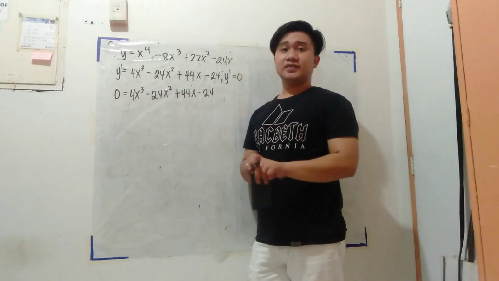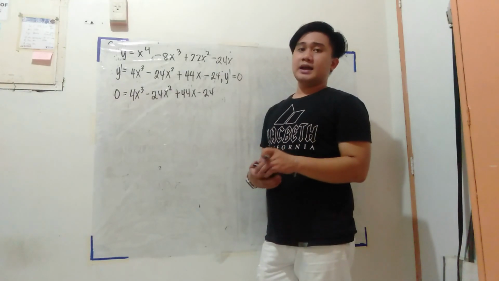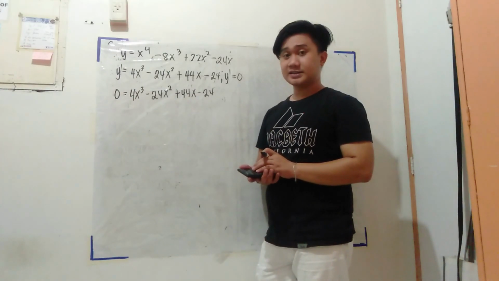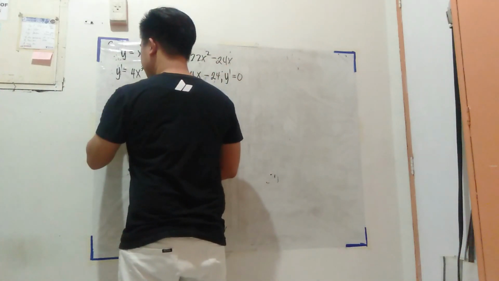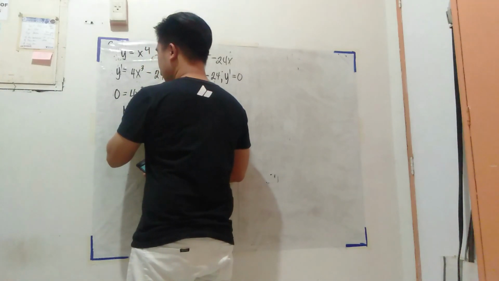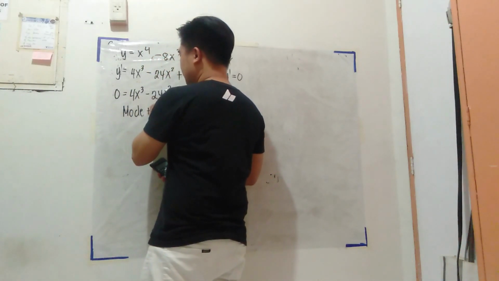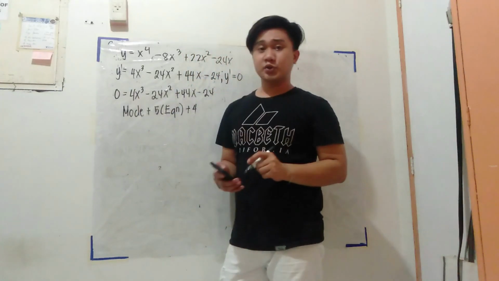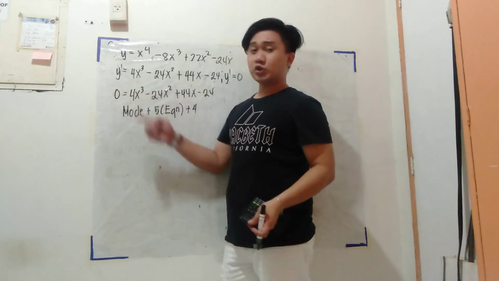Third step, get the values of x and y. Again, we're going to use our calculators in order to find the values of x. Still, press mode plus 5, it means equation. And yung gagamitin na po natin ngayon ay si option 4 kasi tayo ay cubic equation na.